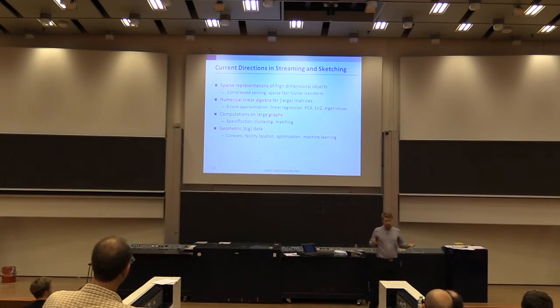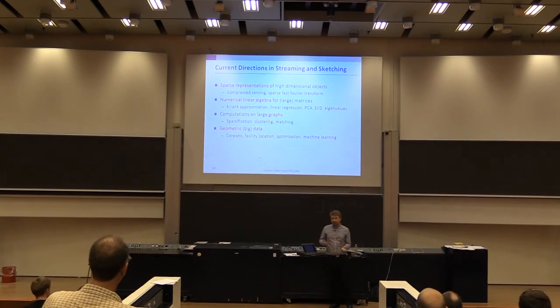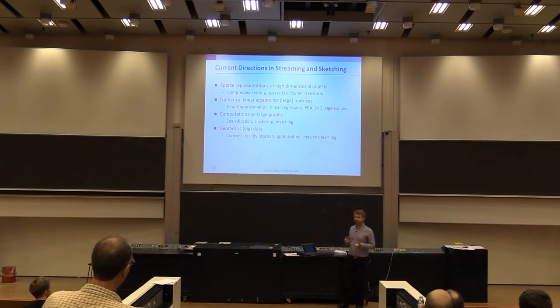Alex is talking a little bit about high-dimensional geometry, but again, there are lots of basic geometric questions we want to understand, in terms of whether we can solve optimization problems over geometric data. And this leads into machine learning, because a lot of machine learning is really about viewing high-dimensional data in a geometric way and identifying structure and patterns within that data.